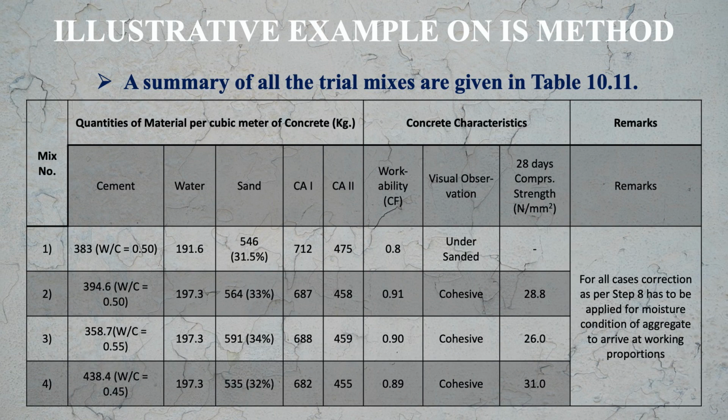Workability in terms of compaction factor that was achieved was 0.8, and by visual observation you find that the mix is under sanded. Similarly, for the different trial mixes, trial mix 2, 3, 4, these properties and the amounts of different ingredients are given here.